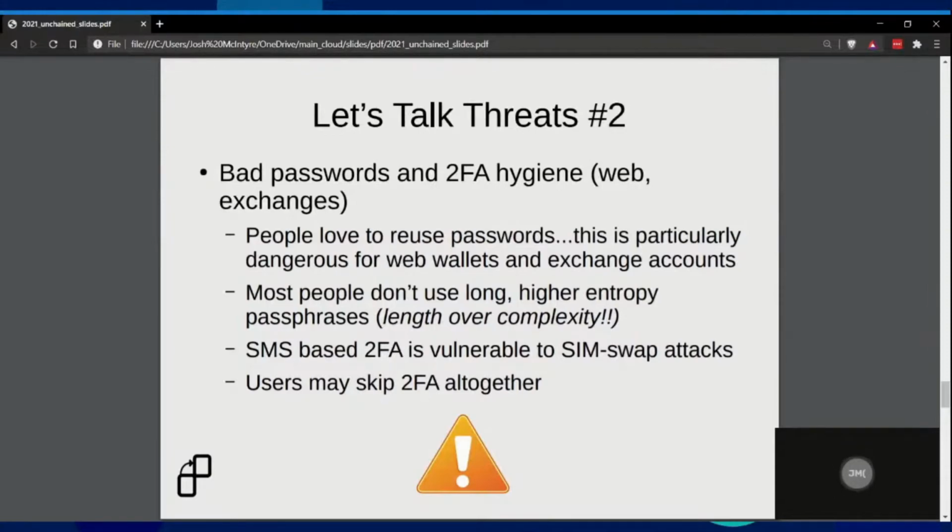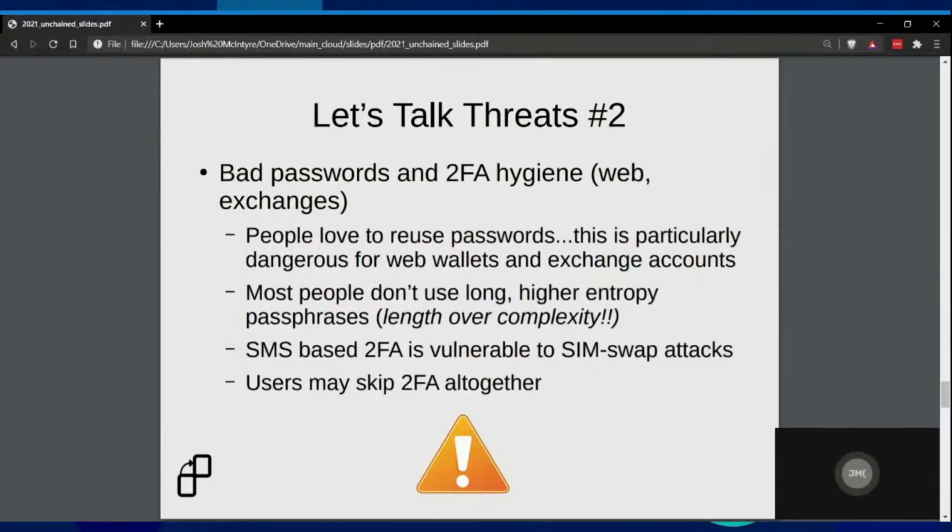Right, with Hashcat and John the Ripper and all kinds of modern password cracking tools, the passwords that most people use are fairly easy to crack and to find. And then attackers will use that email and password combination to try exchanges like Coinbase, to try web wallets like blockchain.info, and that can be used to completely wipe people out. It's a very scary and real class of attack.